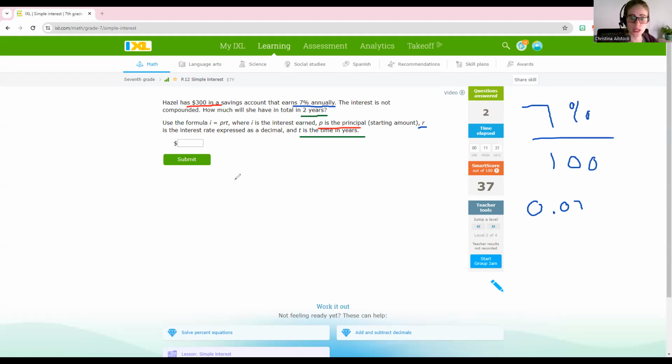We can substitute these, plug these into our formula. Interest is equal to our principal of $300 times our rate as a decimal and our time of 2 years.